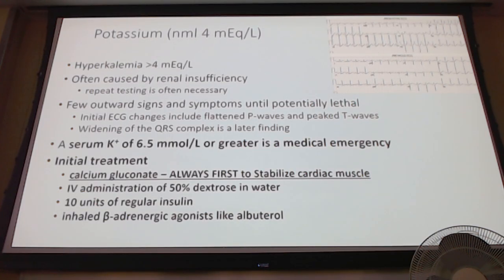We have to stabilize that cardiac membrane, and then we can give sugar and insulin to drive that potassium back into the cell. Then we can give albuterol as a fourth stage if we need it. Most of the time, the calcium, sugar, and insulin are all that's needed. You may have to do it numerous times, but always calcium first.